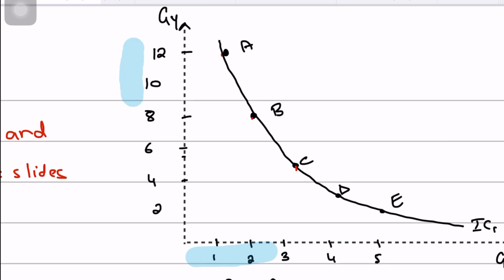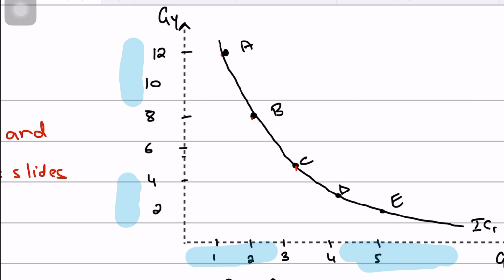High quantities of Y. And as you go down the curve, somewhere around these quantities, you have more good X while less good Y. And so the difference in the quantities of X and Y is the reason why the MRS basically falls.